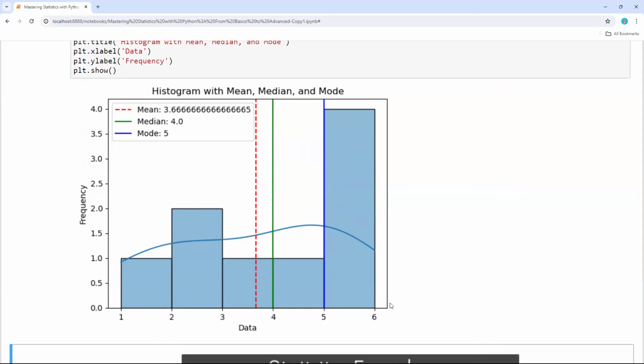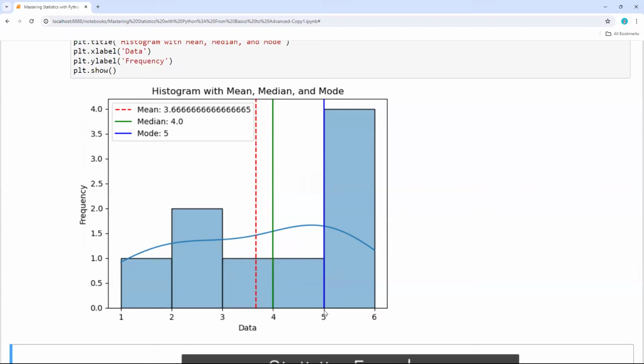You can see the central value, and this is the mean. If you look at the median, this is the median, because we have an odd number of data points and 4 is the middle value. The median value is 4, and the mode is 5, the most occurring, most repeated data point.